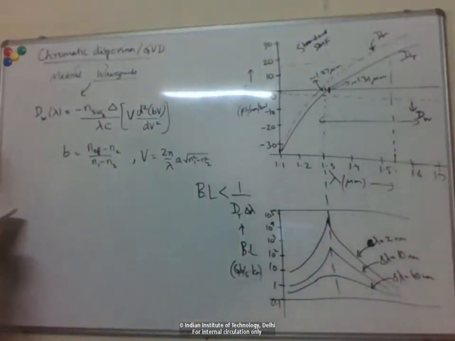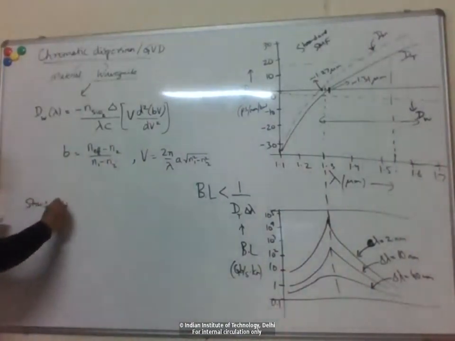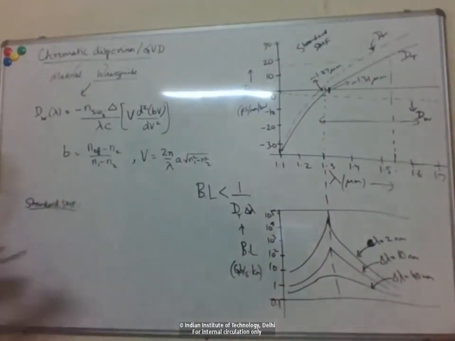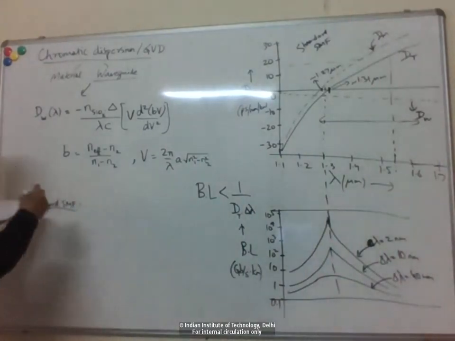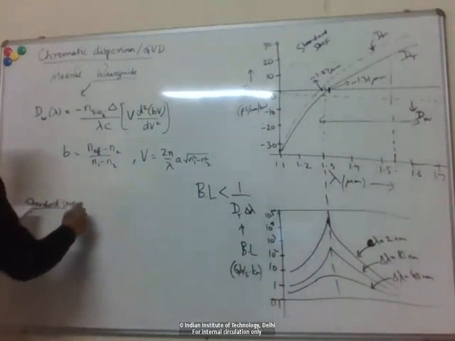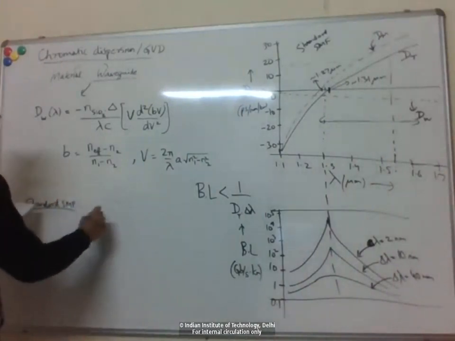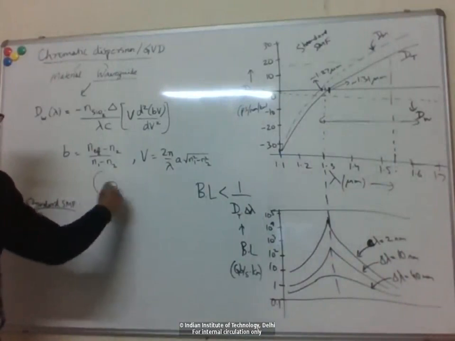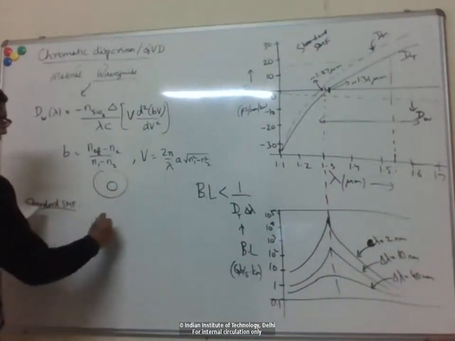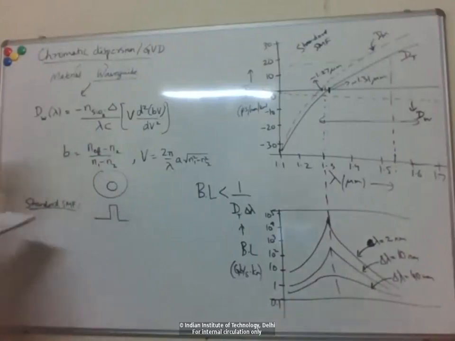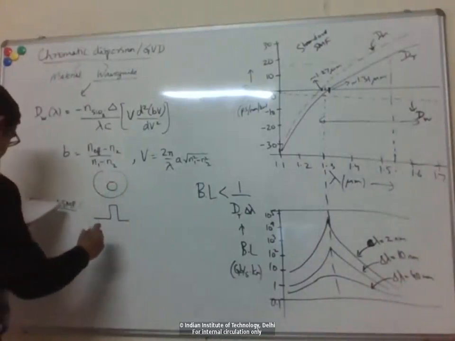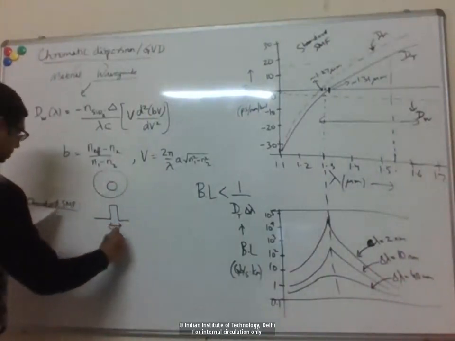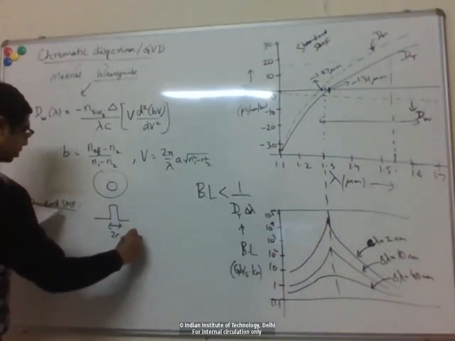If you look at the standard single mode fiber, this is the most widely deployed and cheapest available fiber. If you look at the profile of refractive index versus radial distance, the core diameter here is about 9 micron.